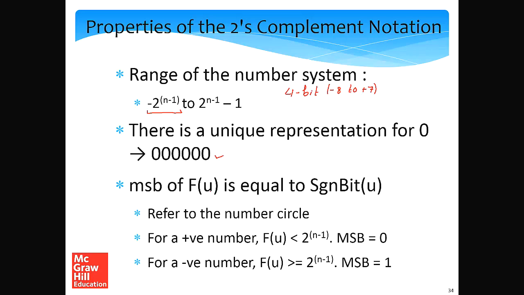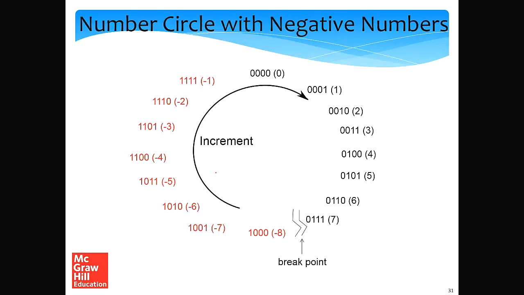The third property is that the most significant bit of f(u), which is the representation of a signed number in this notation, is equal to the sign bit of u. Why is this the case? Let's go back to the number circle, and the answer is there. If we consider all the positive numbers, their most significant bit is 0, which is the sign bit of the number.